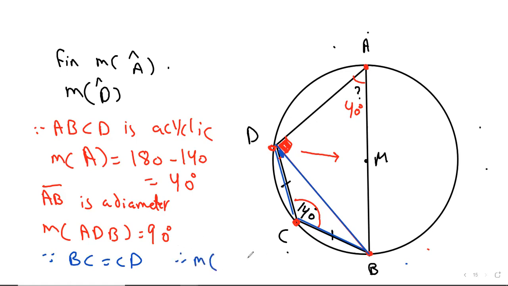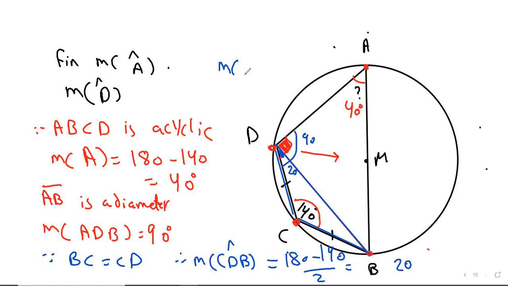Then measure of this small angle, CDB, equals 180 minus 140 divided by 2. 40 divided by 2 is 20. So we have here 90 and we have here 20. So measure of whole angle D equals 90 plus 20, 110 degrees.